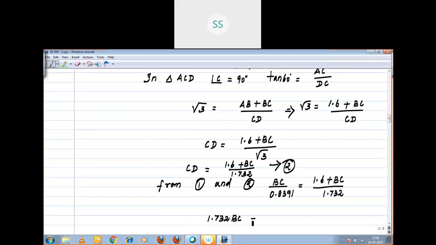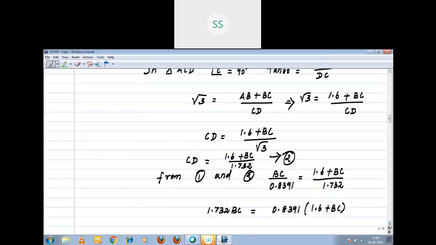Got it? Now 1.732 BC equals 0.8391 into 1.6 plus BC.